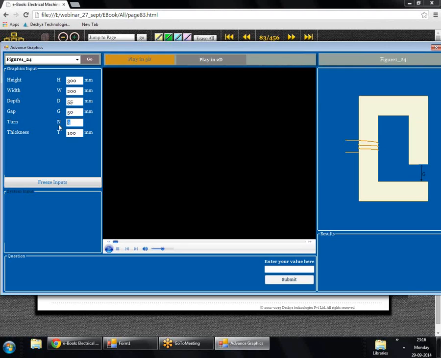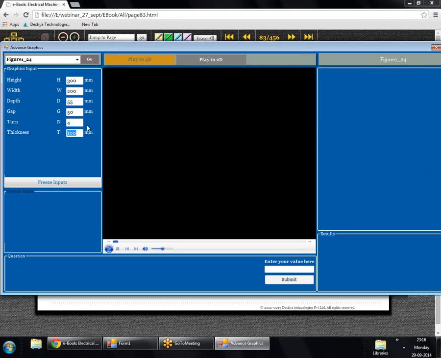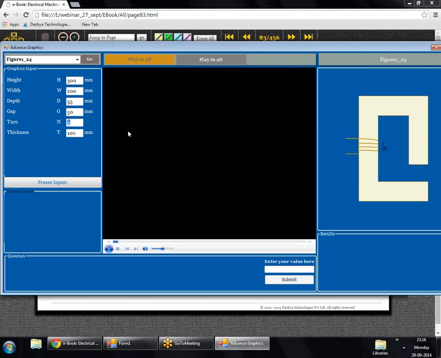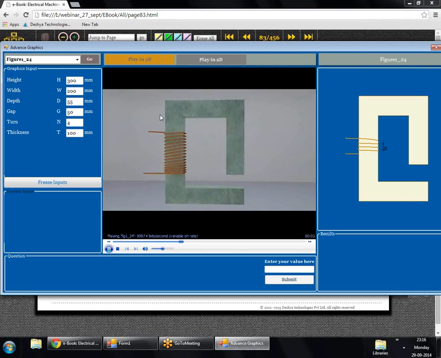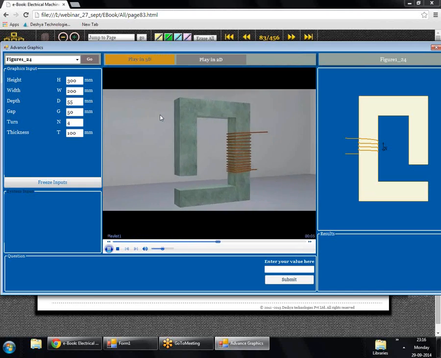I can also change the number of turns in the core, and I can make it 4, and now we have 4 coils. This is the 2D representation of the magnetic circuit. If I play the 3D animation, it shows graphically how this core is oriented.